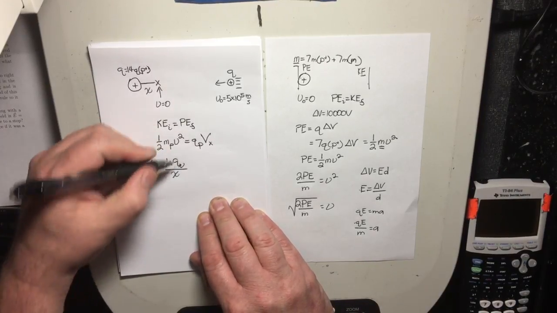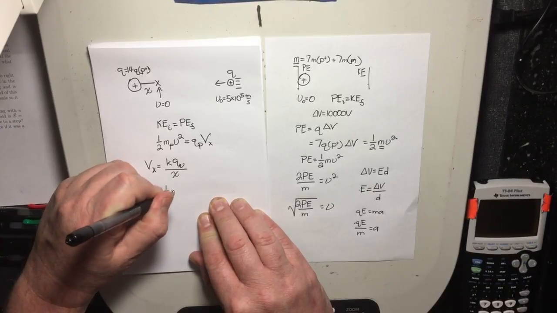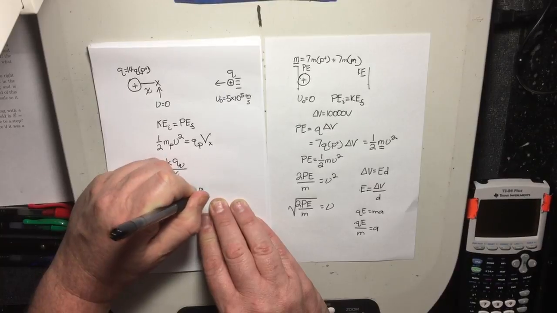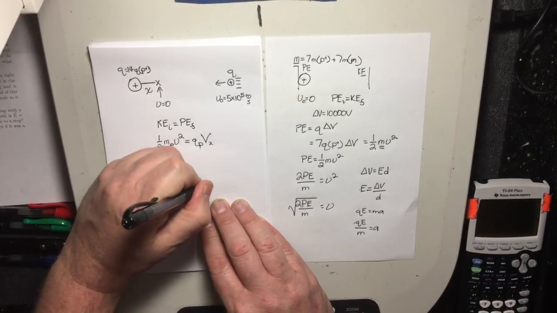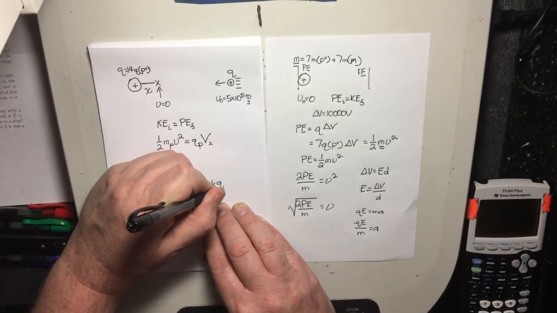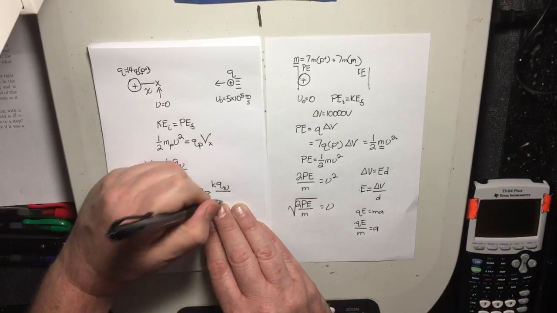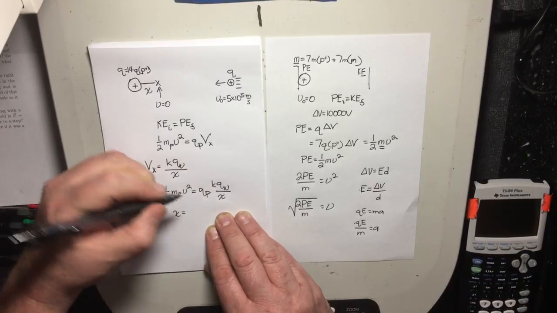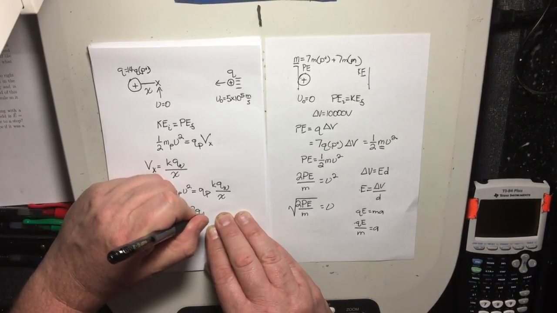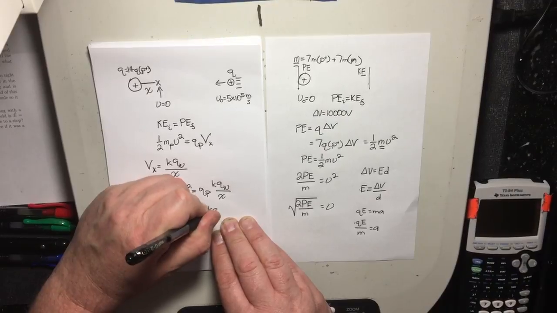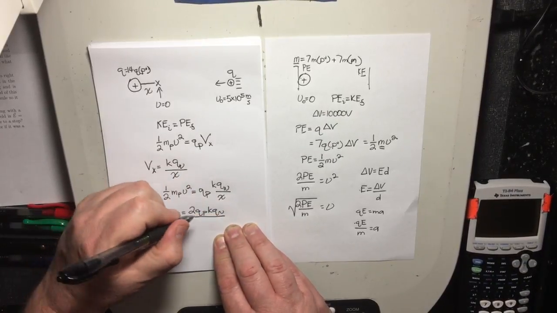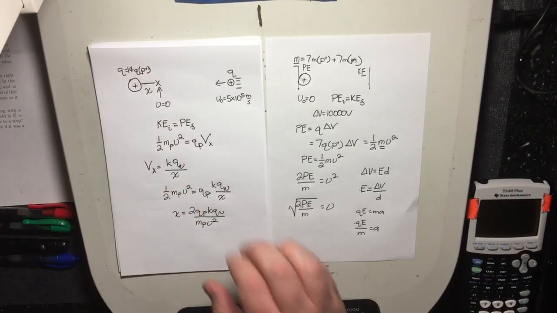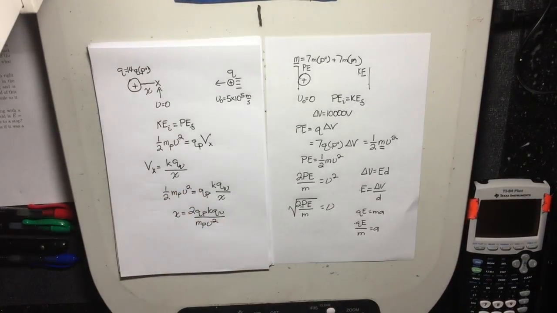So this gets changed into 1/2 mass of the proton, v squared equals charge of the proton, k charge of the nucleus divided by x. Solve for x. x equals 2 qp k qn over mp v squared. And that's it for 2.